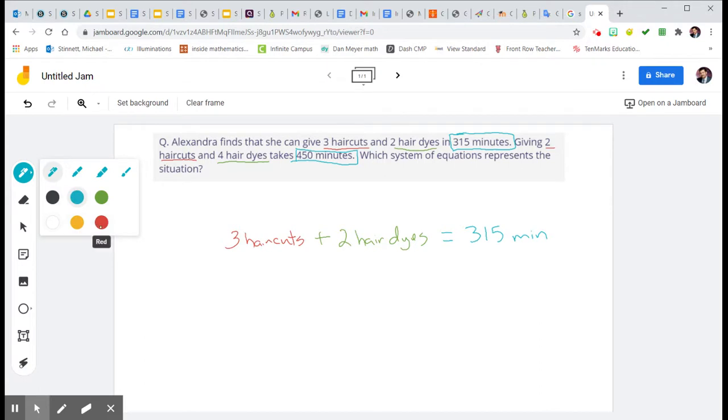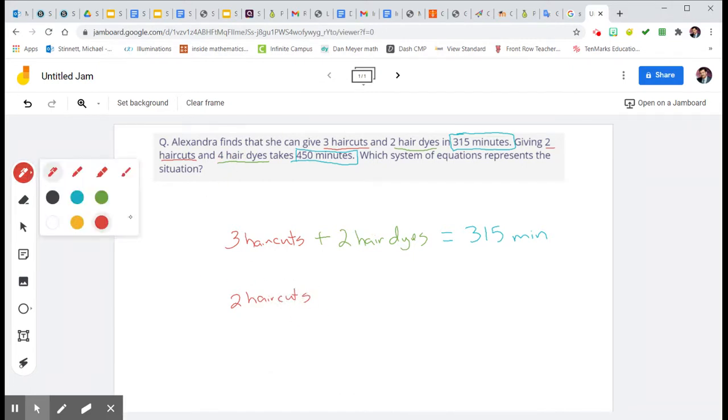And so also we have another situation that's talking about the same things, but it is a different situation. So the next thing we're talking about is we're saying that she can do 2 haircuts. So 2 haircuts, right?